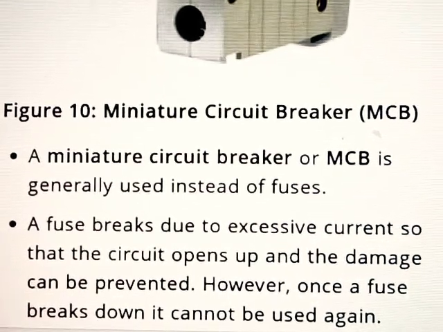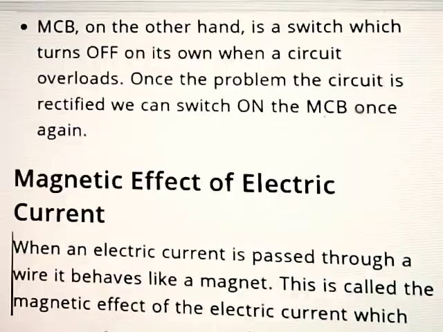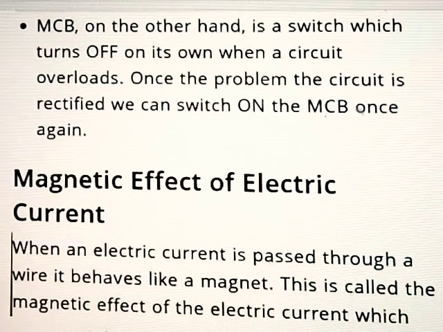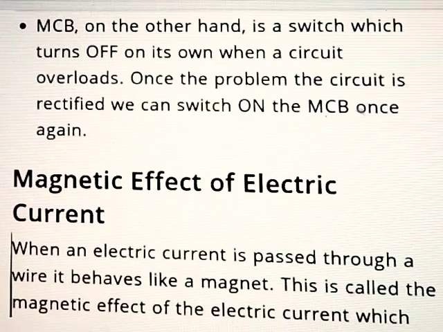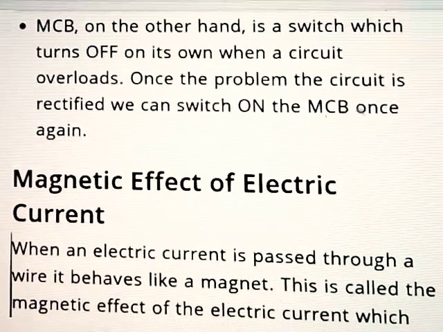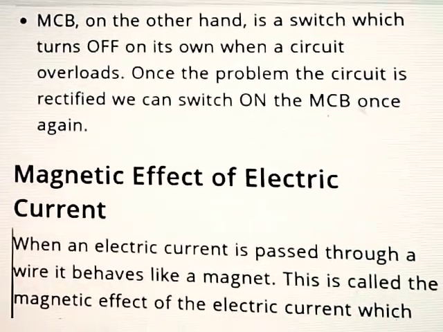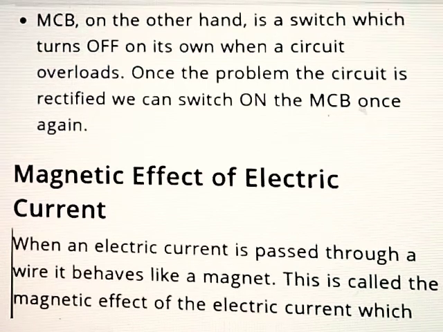However, once a fuse breaks down, it cannot be used again. MCB, on the other hand, is a switch which turns off on its own when a circuit overloads. Once the circuit is rectified, we can switch on the MCB once again.